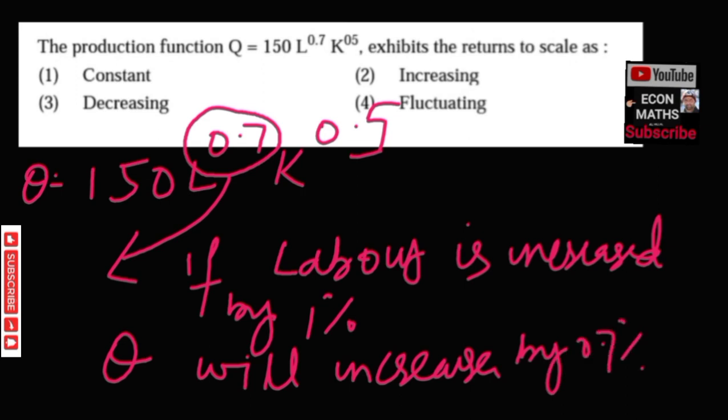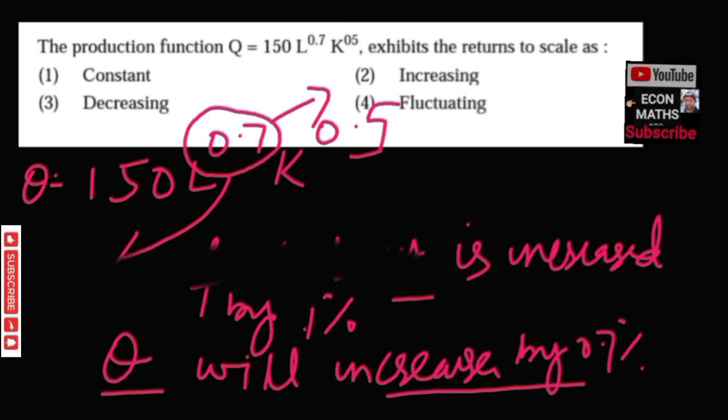This 0.7 shows us the output elasticity of labor, that is, if labor increases by 1%, output will increase by 0.7%.